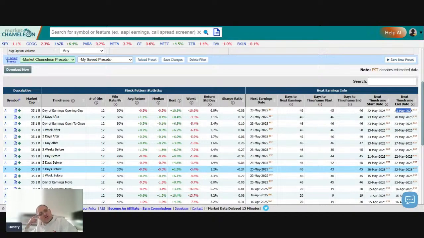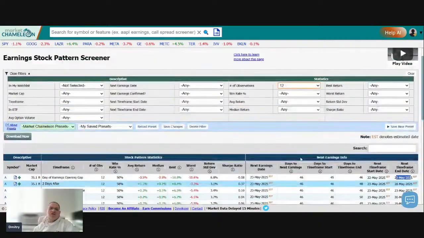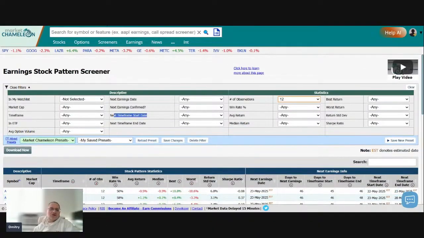So let's now take the screener and look for something, to look at tendencies of a particular stock that behave a certain way. So let's say we did a time frame. Let's say we're looking at the time frames over here that are available for stocks that maybe tended to run up into earnings 2 days before.